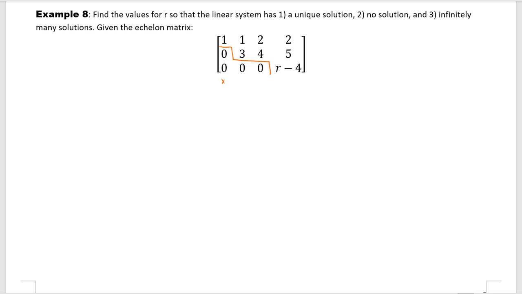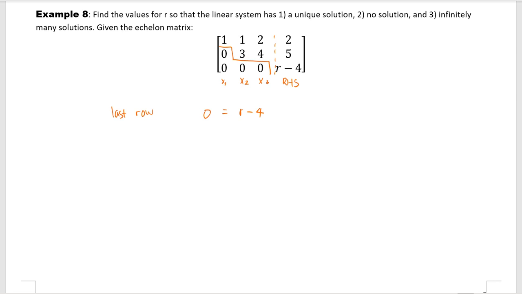The first columns correspond to the coefficients of x1, x2, x3, and this is the right hand side. Look at the last row. The last row gives us 0 times x1 plus 0 times x2 plus 0 times x3, which is 0, equals the right hand side r minus 4.